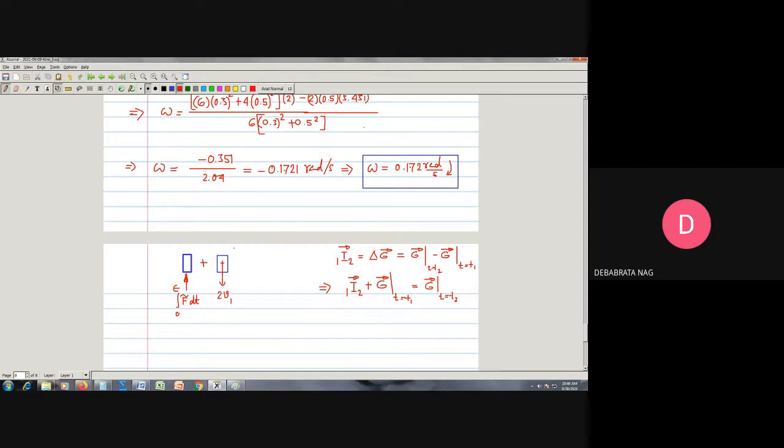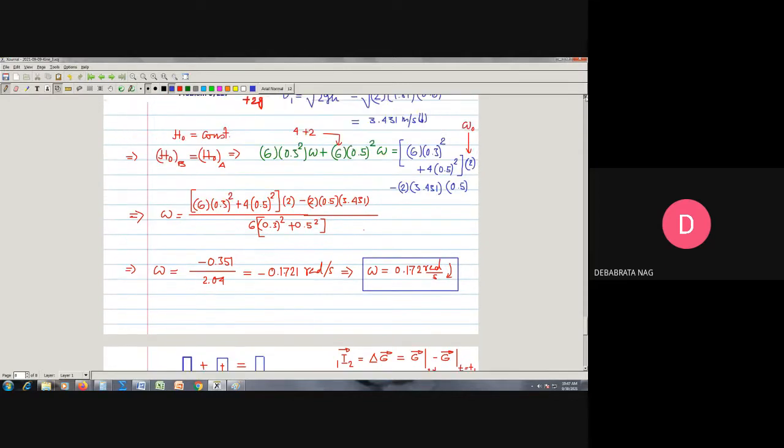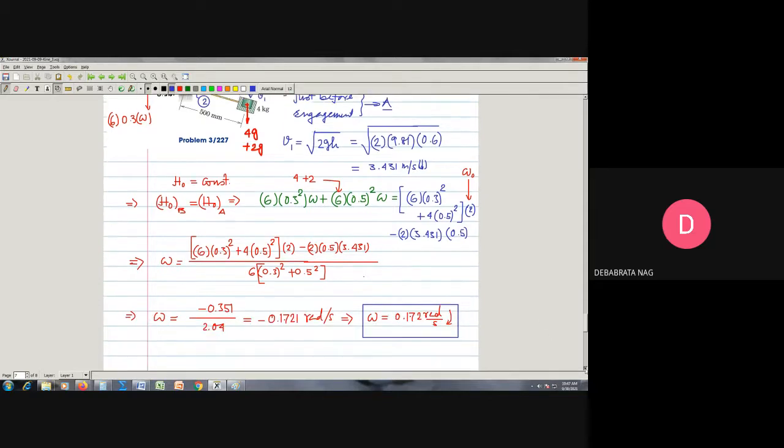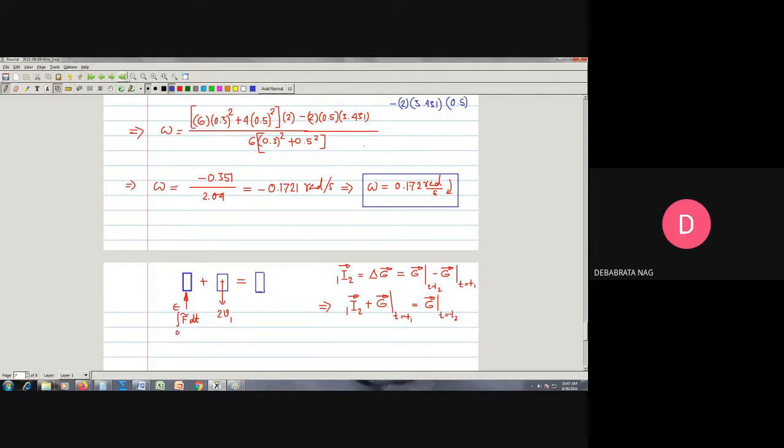This is sometimes called the diagram equation. In this case, since we had taken that all my angular velocities are anti-clockwise, the velocity will be here.